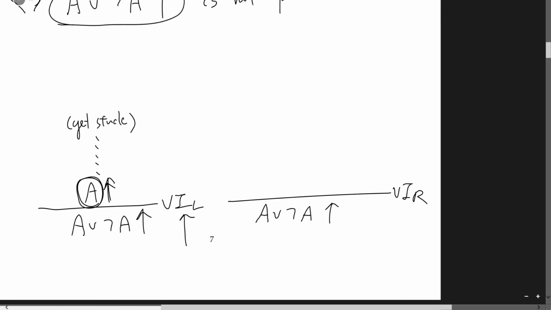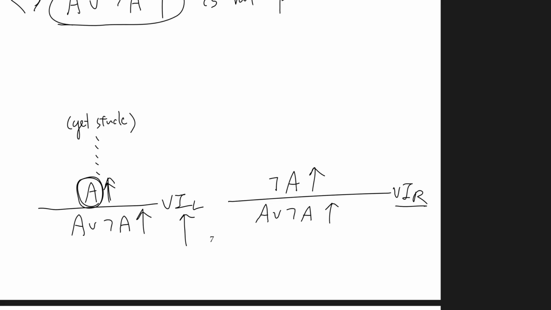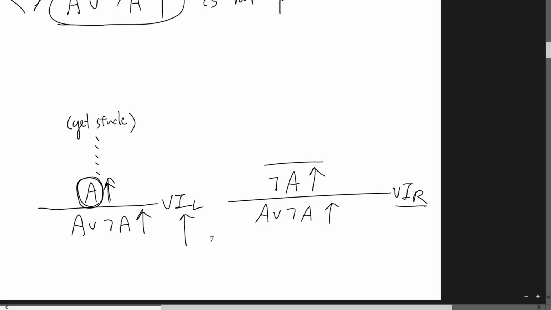So what about here? We take the right branch. Now you have to prove negation A up arrow. In order to show this, well, this negation A is basically A implies bottom. So you assume A down arrow. This is the hypothesis, so it's a down arrow.